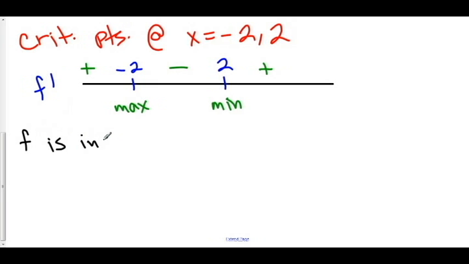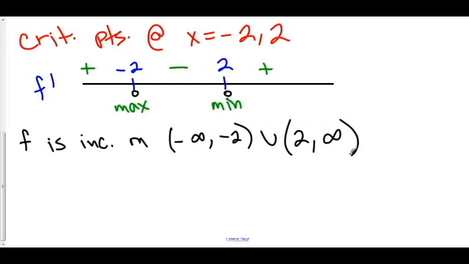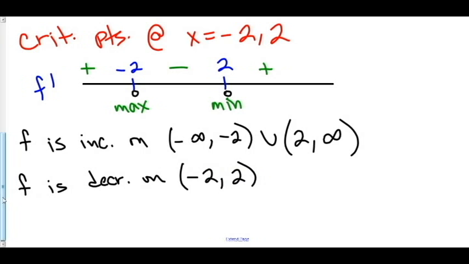F is increasing on the interval from negative infinity to negative 2, not including negative 2 because f prime is 0 at our critical points, union from 2 to infinity, because f prime is positive in those regions. Moreover, f is decreasing on the interval from negative 2 to positive 2.